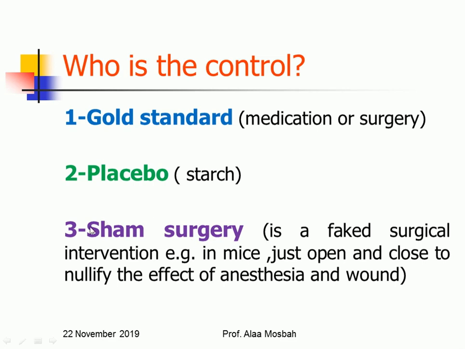Of course, it is done only in animals, not on humans, because ethically it cannot be done on humans. So the control may be the gold standard, either certain drug medications or operation, or placebo, which is nothing, just starch, or sham surgery, as I mentioned.